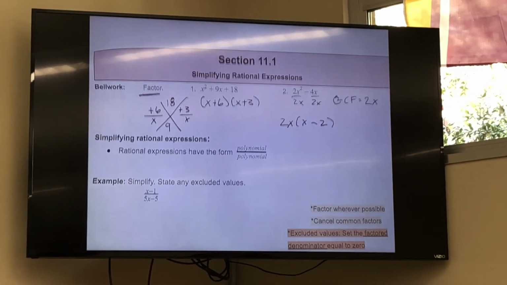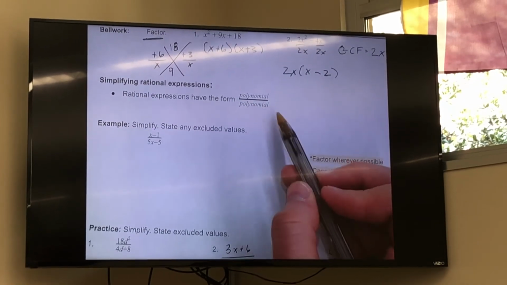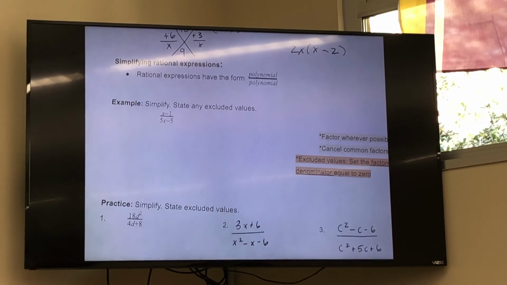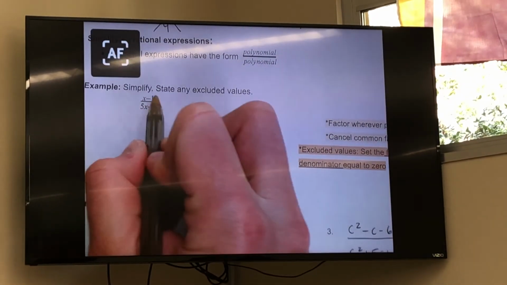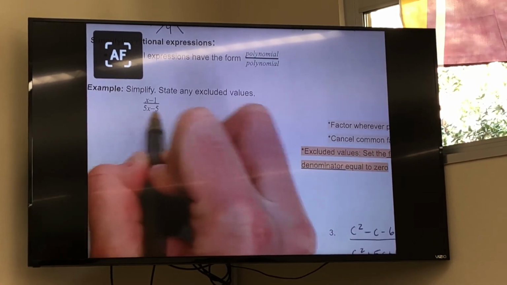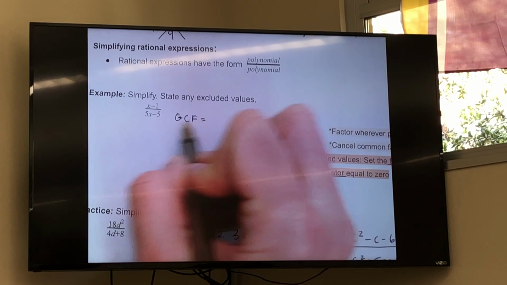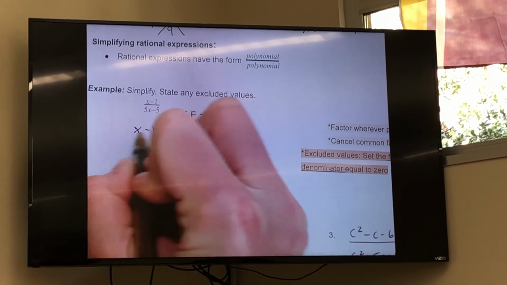So we're talking about rational expressions in chapter 11. It's a polynomial over a polynomial, similar to this example here, right? We have x minus 1 over x minus 5. This you can't do anything with, but 5x minus 5, I'm thinking a GCF. I can take out a 5 from both of those. So I'm going to leave the top the same.